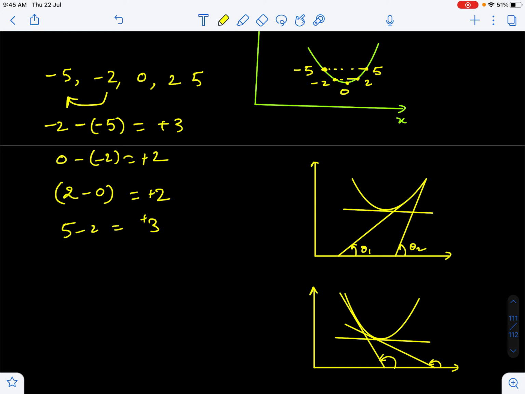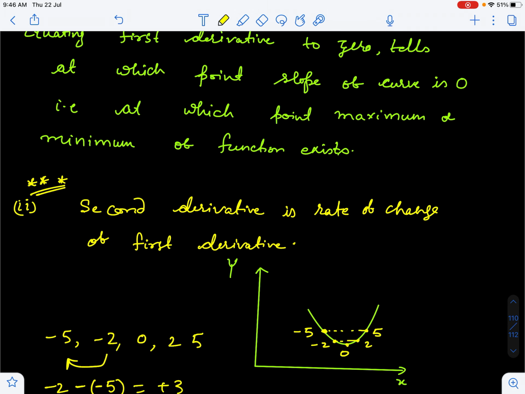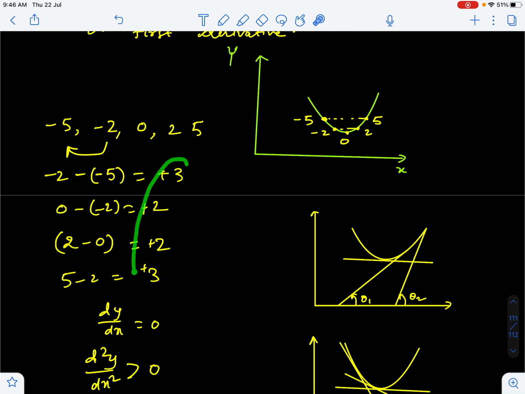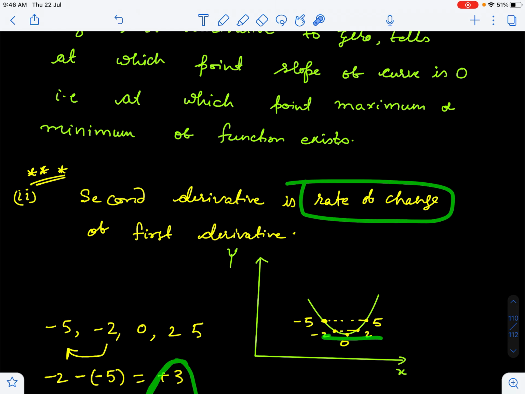That means if you equate dy by dx to 0 and calculate d2y by dx square, which is greater than 0, then what is the meaning of the double derivative? It is the rate of change of the first derivative. If the rate of change of the first derivative is always positive, we are approaching a minimum.